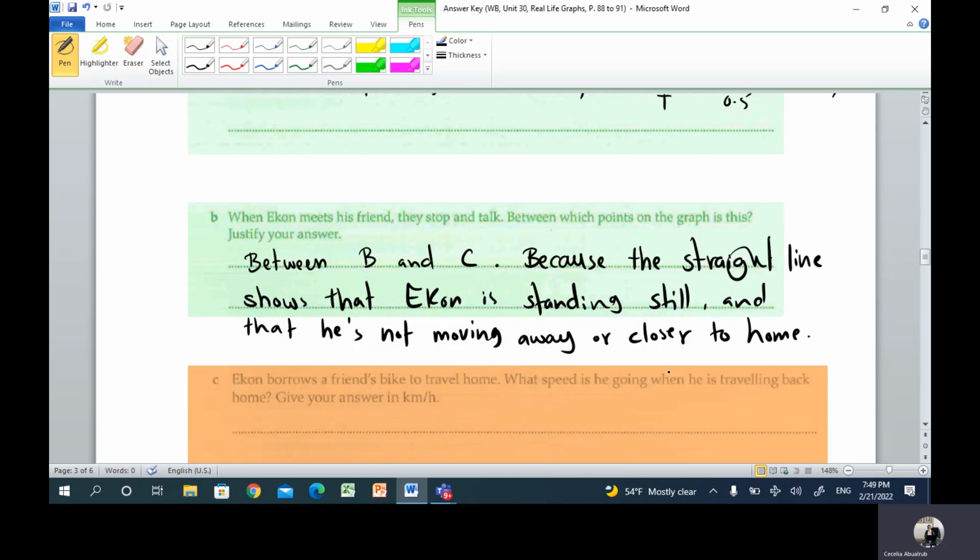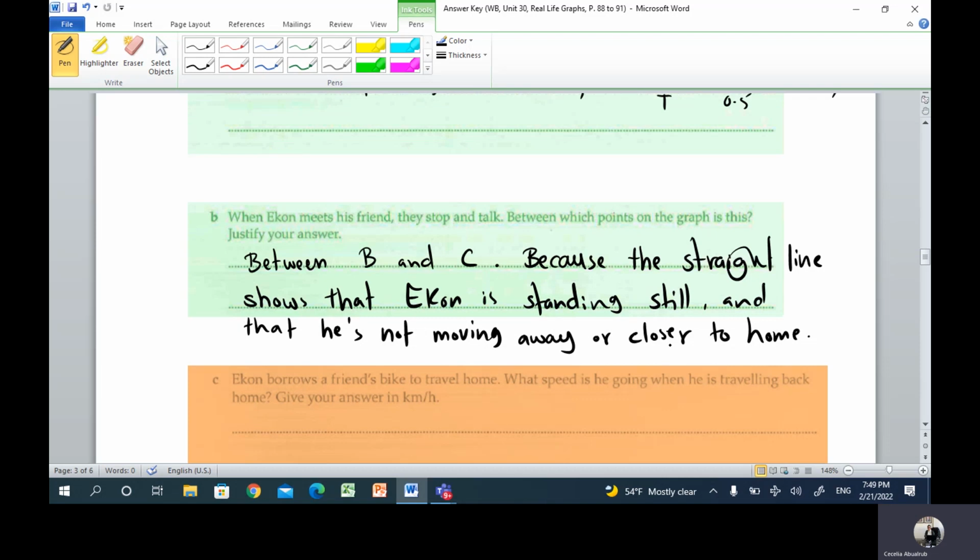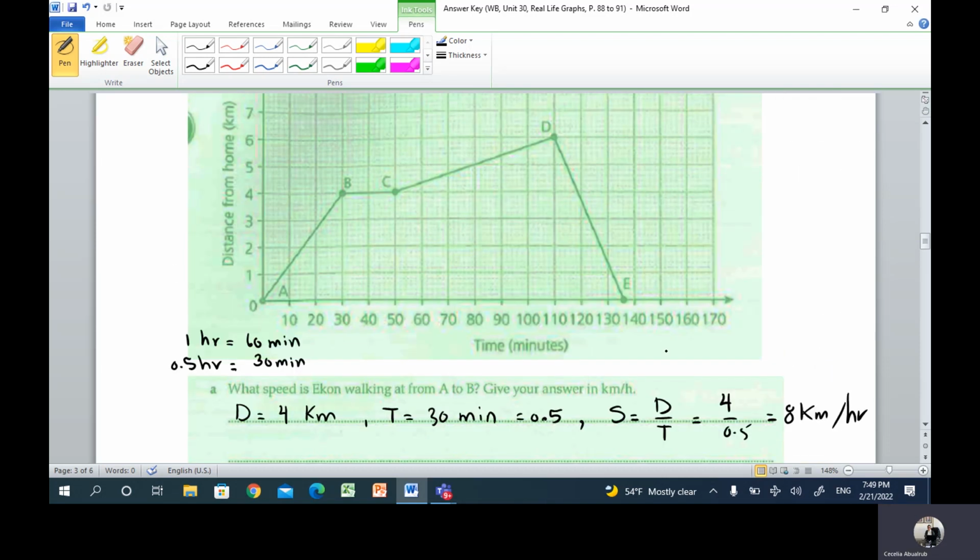Okay, Econ borrows a friend's bike to travel home. What speed is he going when he is traveling back home? So he started from D to E to go back home, using a bike.